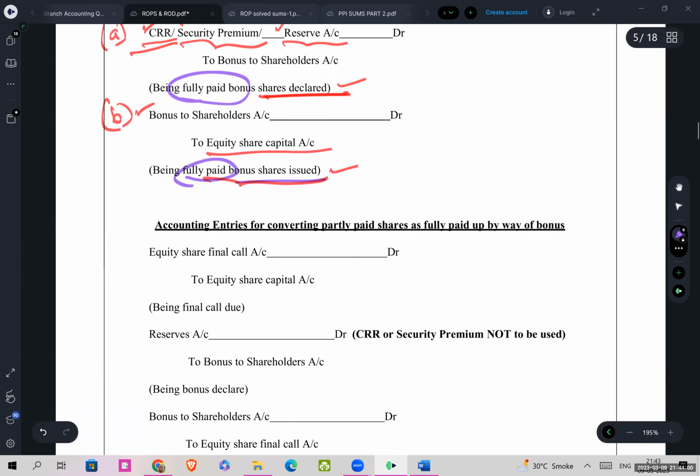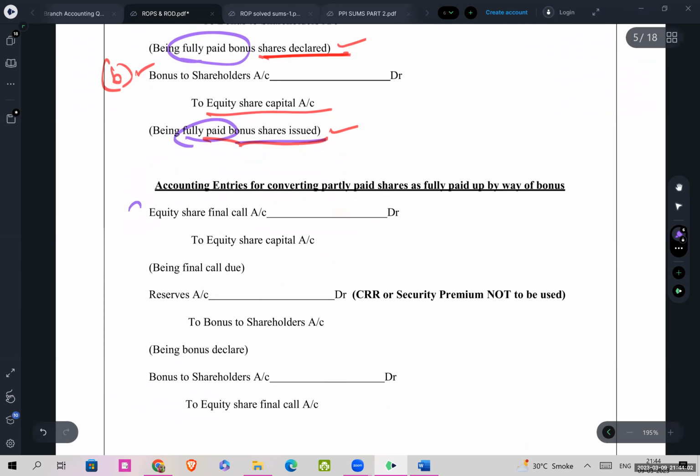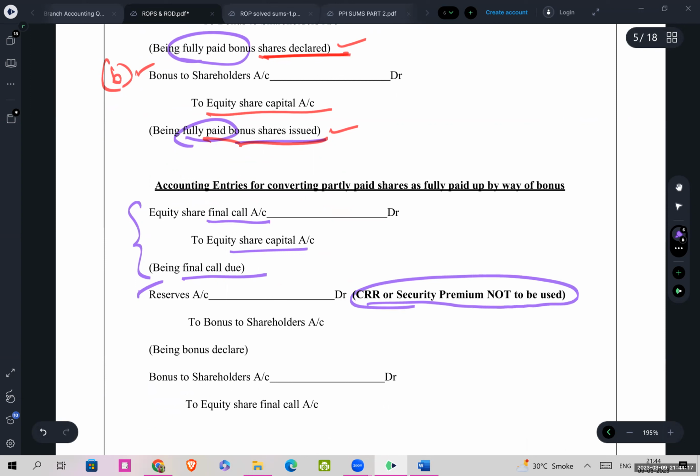But if they are partly paid, then you have to first call for the final call money. So equity share final call account debit to equity share capital, then reserves, CRR or securities premium not to be used. ये section 55 में था ऊपर.